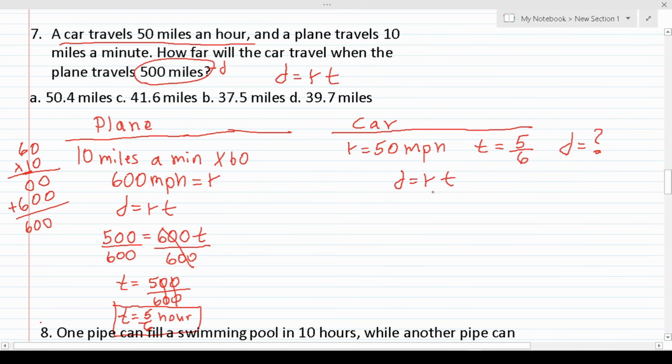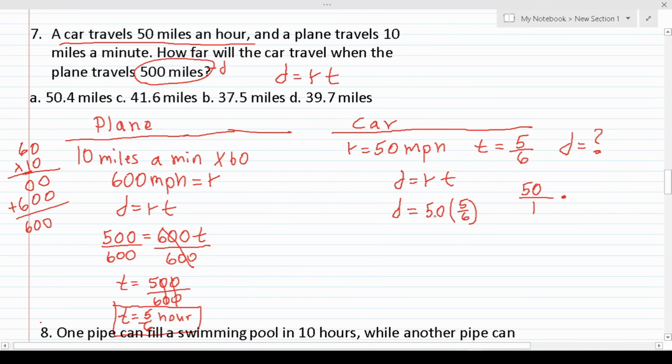All right, so let's plug in what we have and then solve for what we don't have. Distance is what we're trying to figure out, so we'll leave that as D. Rate is 50, and time is 5/6. As you can see, we're doing multiplication with a whole number and a fraction. In order to do that, we have to make 50 a fraction so we can do the multiplication. In order to make a whole number a fraction, you simply place it over 1.